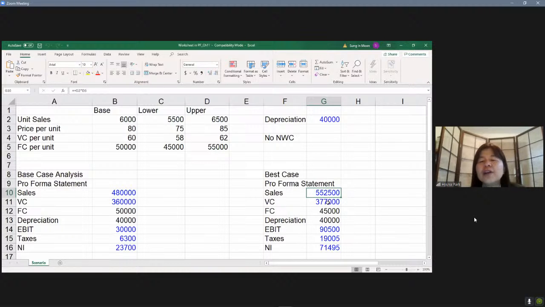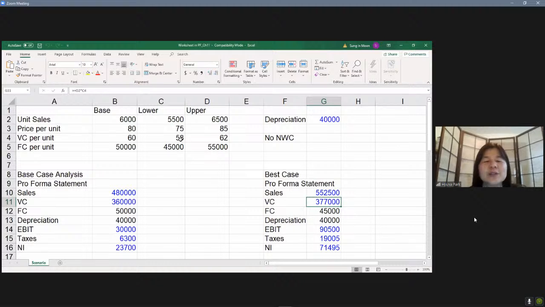And how about variable cost? How do we calculate the variable cost for the best case scenario? Lowest cost means it's the best. So how do we calculate the best case variable cost? Variable cost per unit is the lowest, which is $58.